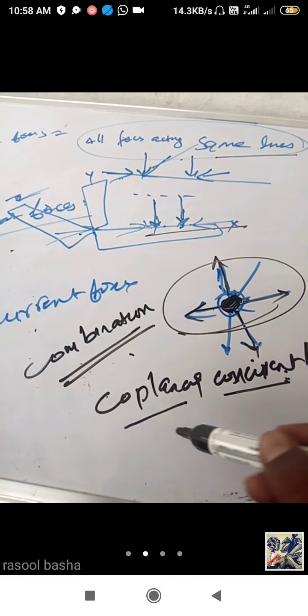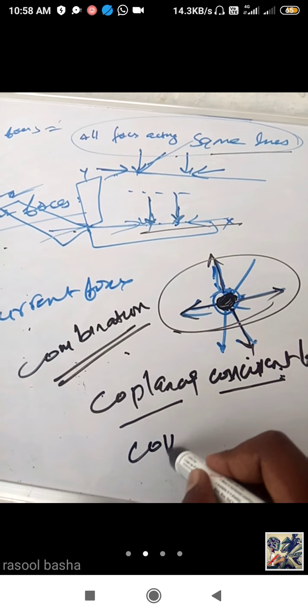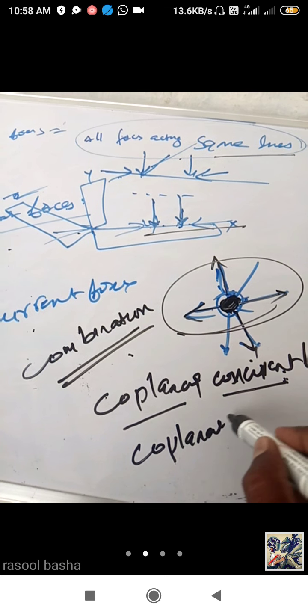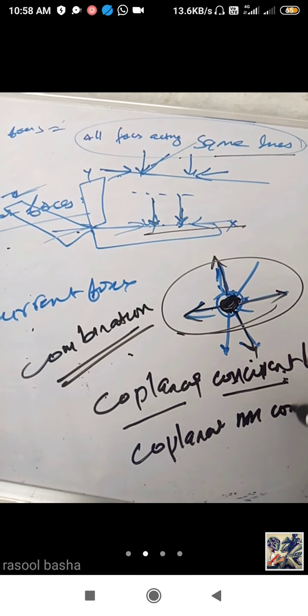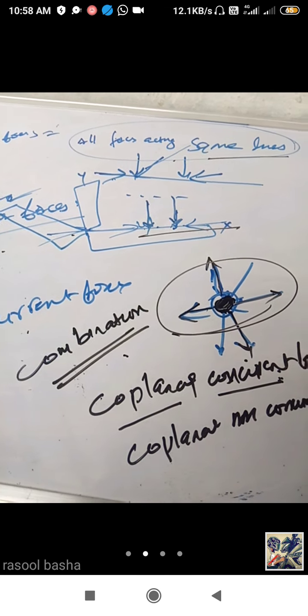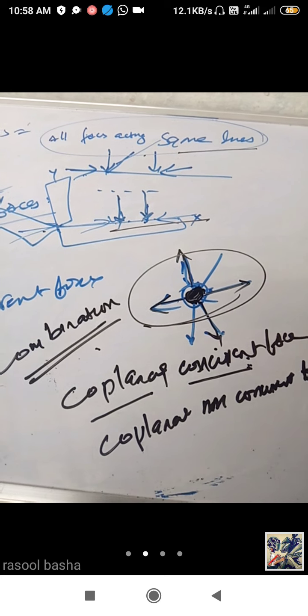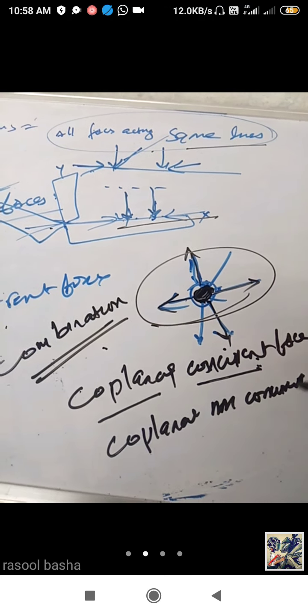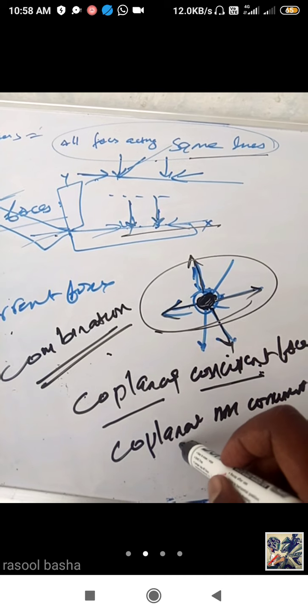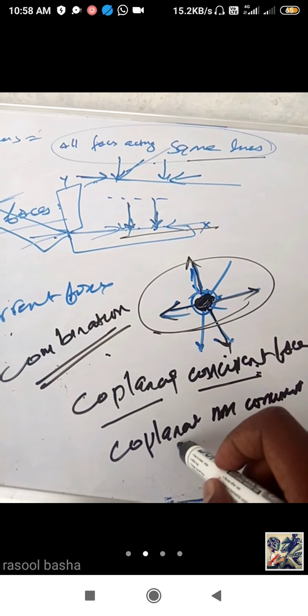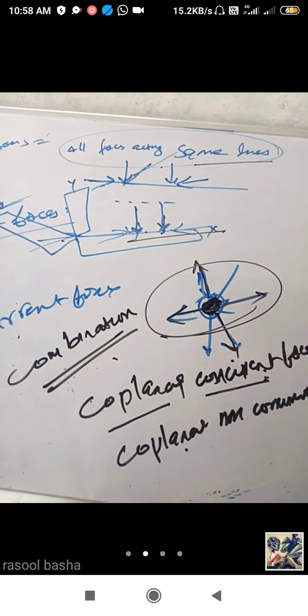Next, the second one is coplanar non-concurrent forces. Coplanar means all the forces act in a single plane. Concurrent means all the forces pass through a single point. Here non-concurrent means the forces do not pass through a single point.